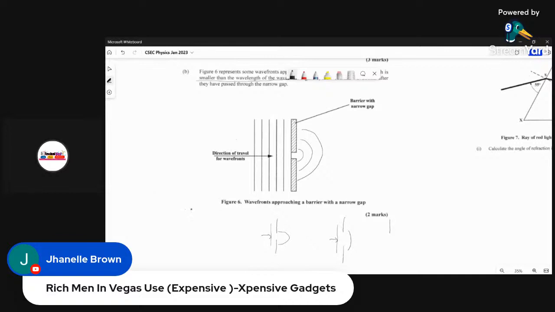And then as it gets wider, you might find it start looking like this now, because the majority of it comes through just close to the ends that would be deflected or bent. And then naturally, if the gap is so wide that it can pass through, it's going to go through and come back out straight. So that's the reason why, if the gap is smaller than the wavelength, it's going to end up being circular.